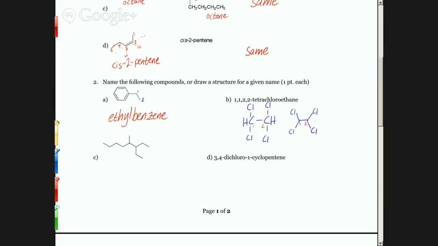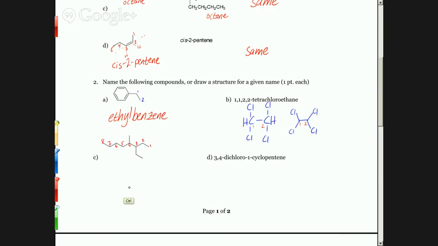Okay, and then this one, we find the longest chain. And that's going to be just straight across the middle here. Do we want to start numbering from the left or from the right? This is closest to the substituent. So we go 1, 2, 3, 4, 5, 6, 7, 8.